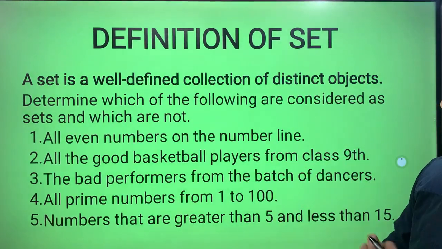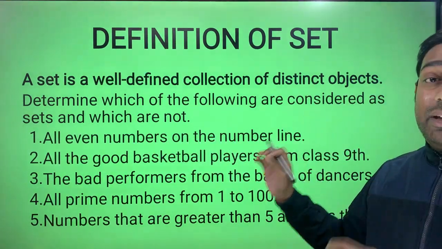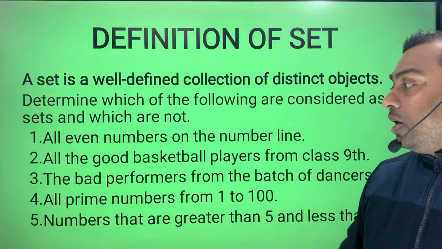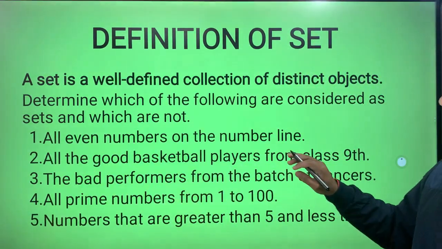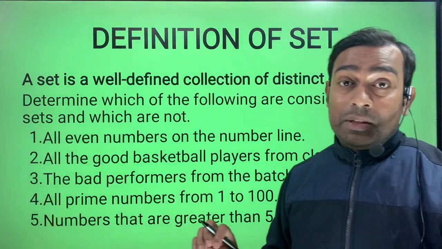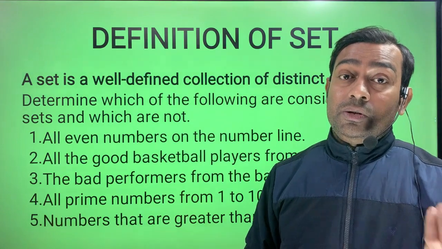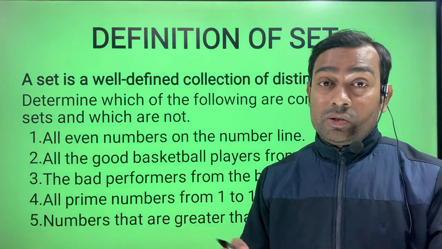So this is not a set. All even numbers on the number line: yes, this is a very definite thing. And the bad performers from the math batch of dancers: again, we cannot say someone is bad, someone is good, someone is not so bad.